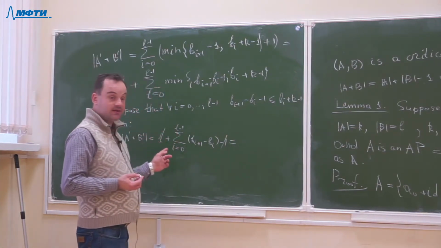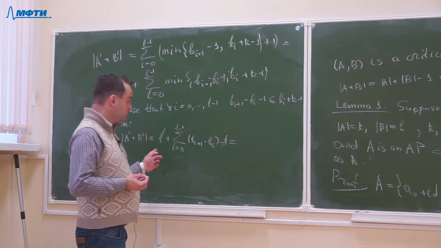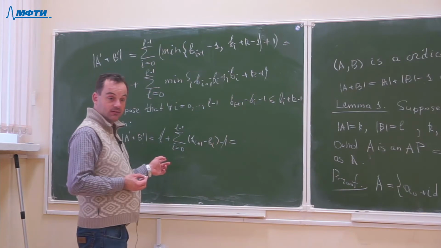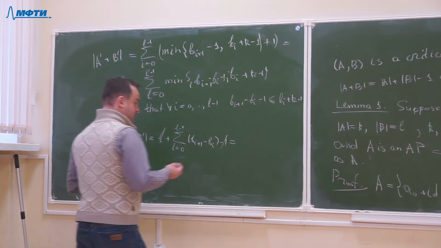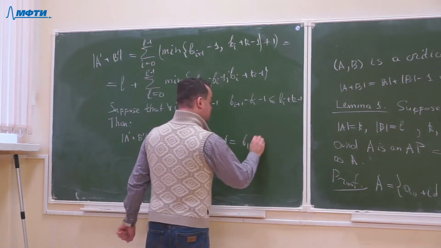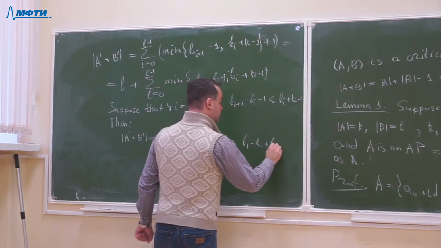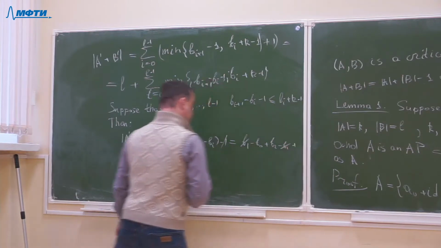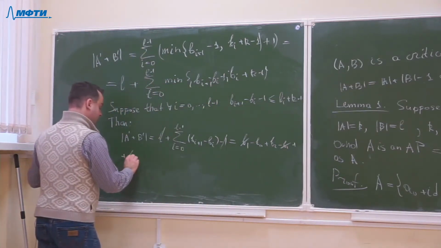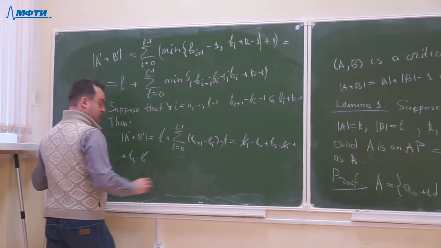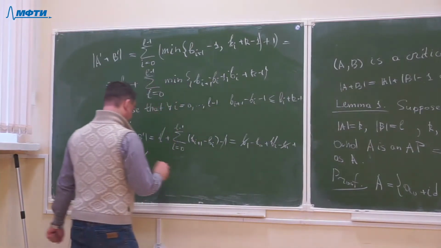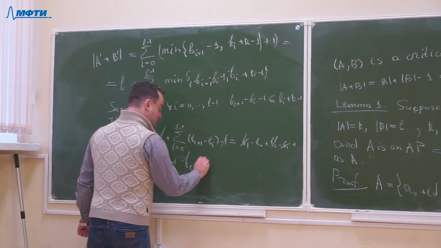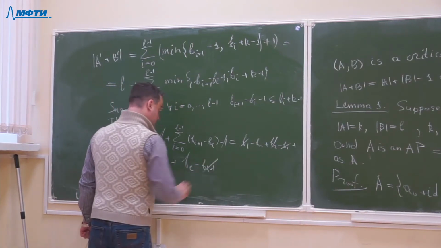What is this sum equal to? It's B1 minus B0 plus B2 minus B1 plus B3 minus B2, and so on and so forth, up to BL minus B(L minus 1), but the intermediate terms cancel.